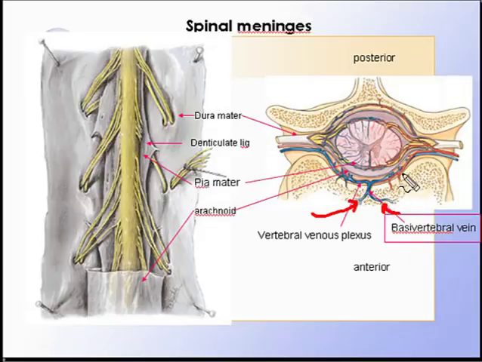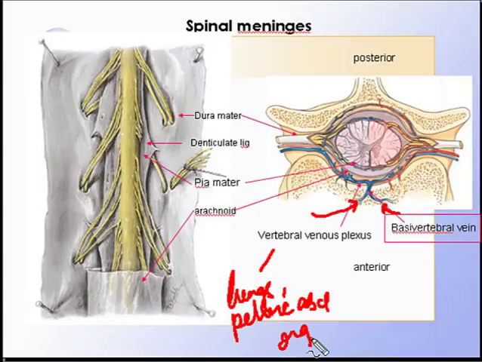But this internal vertebral venous plexus is valveless. There are no valves, so blood can flow in either direction. And this internal vertebral venous plexus has connections with many organs, for example, the lungs. It has connections with a lot of the pelvic and abdominal organs.